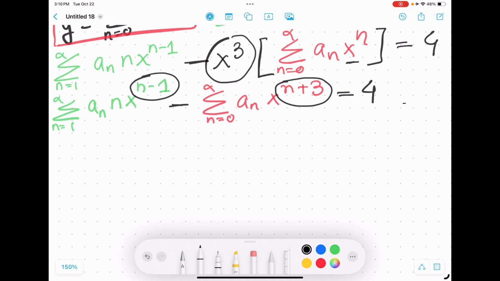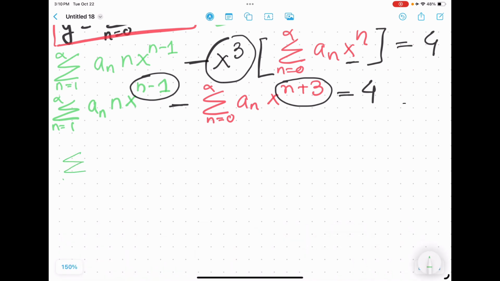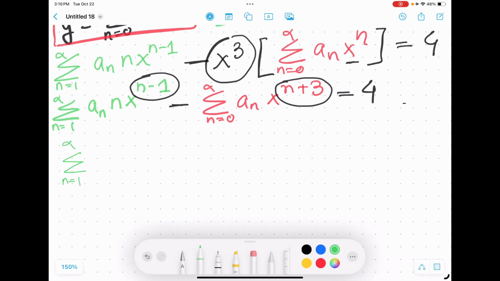Okay, so let's try to do them separately, so that it doesn't get confusing. So let's first convert the first one. So I have summation n equal to 1 to infinity a sub n times x to the power n minus 1.